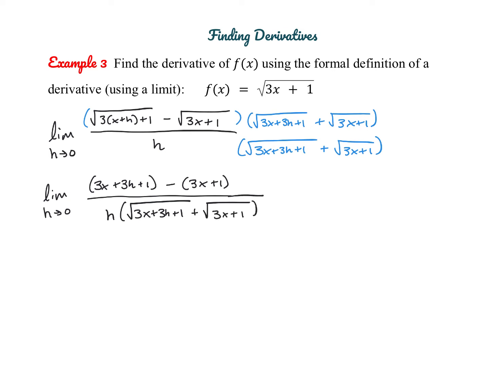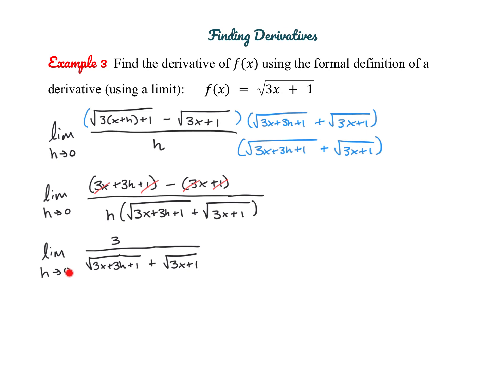All right, let's try to simplify what's going on in the numerator. Here you can see that our x's will cancel out and the 1's will cancel out, and we're left with 3h over h. So we just have 3 over the square root of 3x plus 3h plus 1 plus the square root of 3x plus 1.